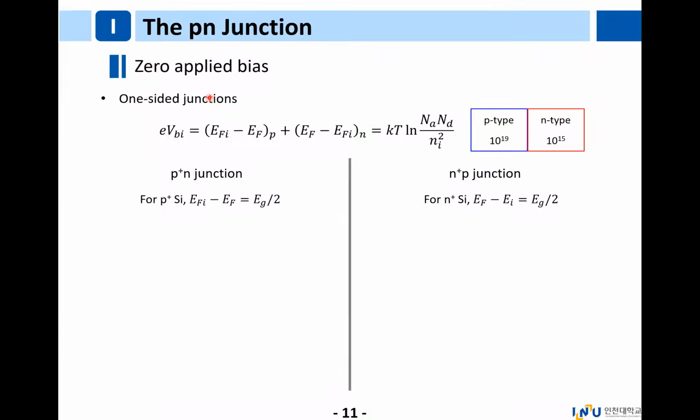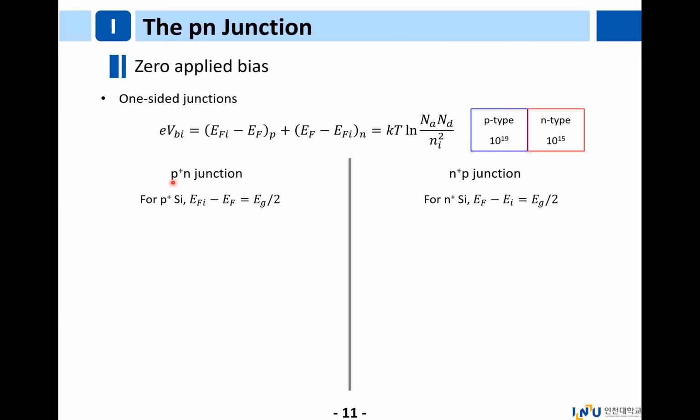In this case, to distinguish it from a regular p-n junction, it is called a P plus N junction. The addition of a plus sign indicates that the doping concentration is very high.